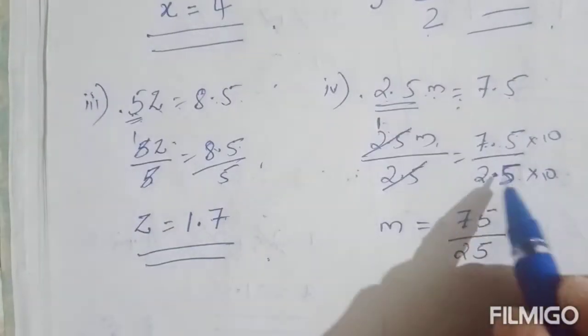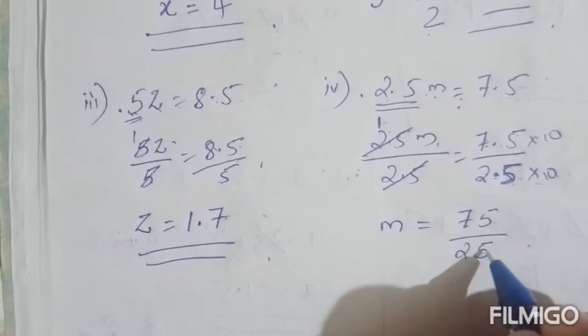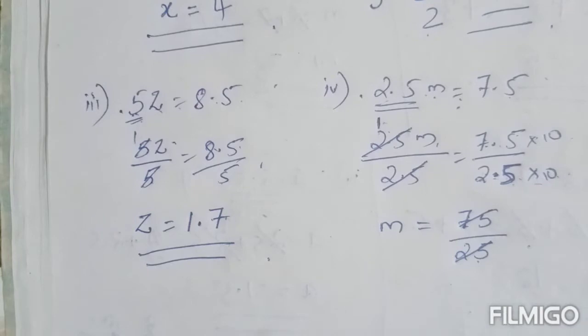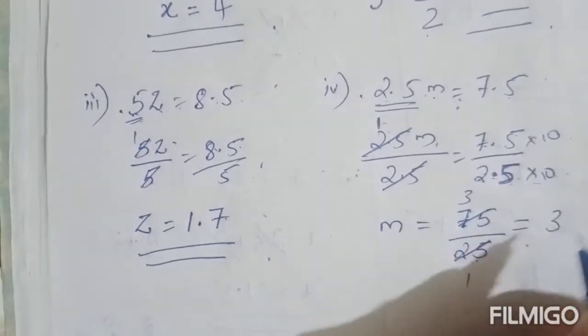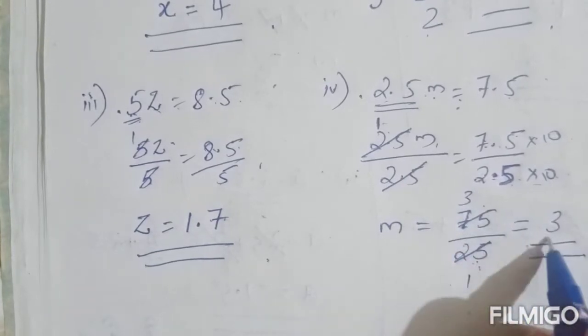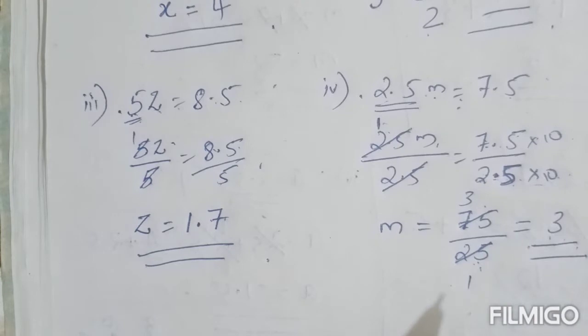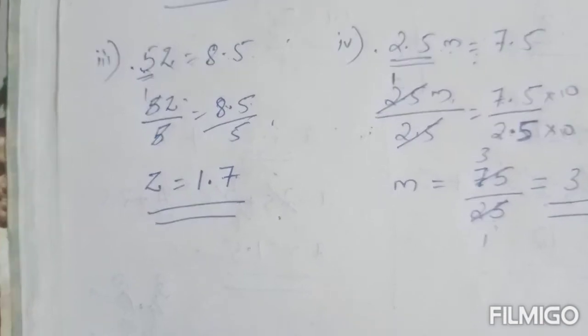Okay, multiplication of decimal numbers you have studied this. 75 by 25, both will go in 25. Or you can divide 75 by 25. The answer will be 3. Okay, 75 divided by 25 is 3. So m equal to 3 will be the answer. Okay, now do the fifth one and sixth one as homework.